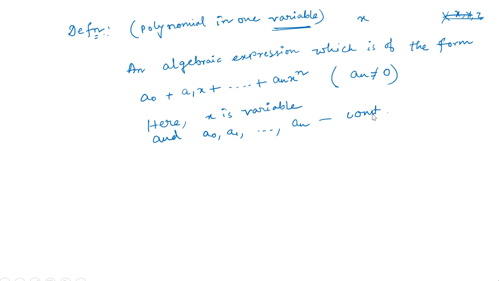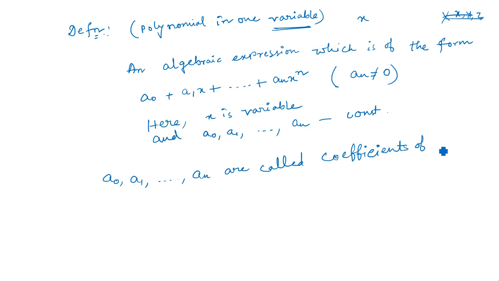Okay, so these constants a0, a1, ..., an are called the coefficients of the polynomial. The definition is clear.